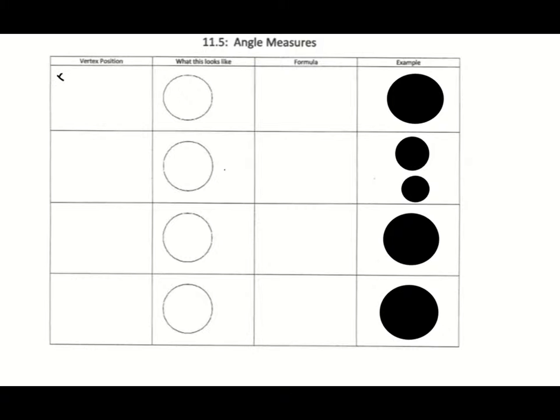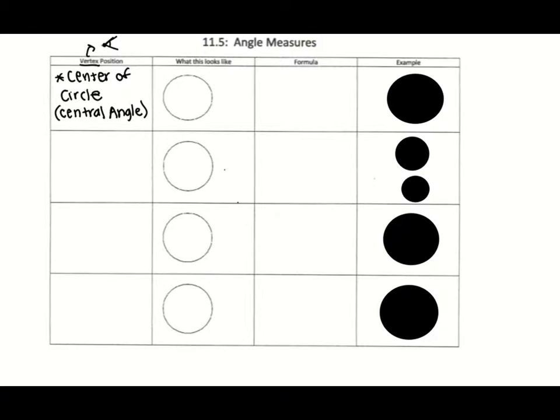Our first one is where the vertex of our angle is at the center of a circle. This is also referred to as a central angle sometimes. Remember, the word vertex means it's the point where our angle comes together.